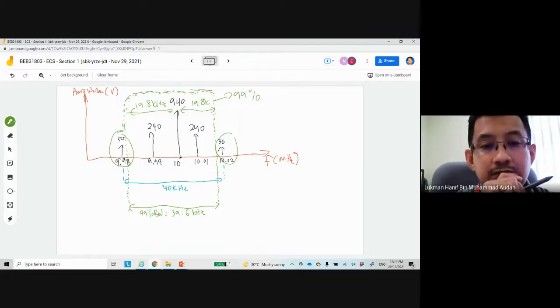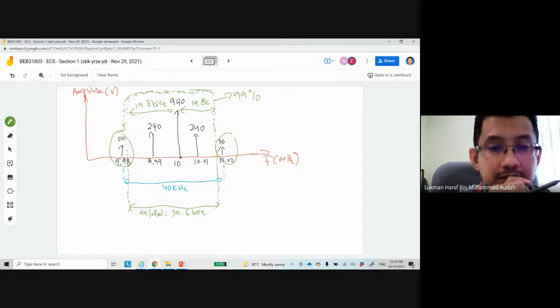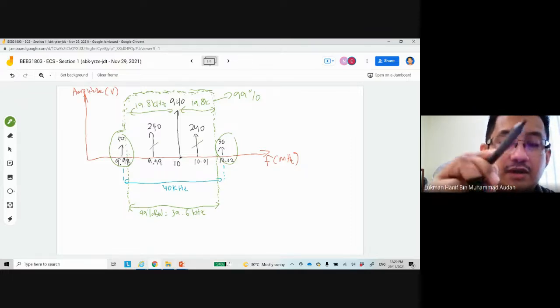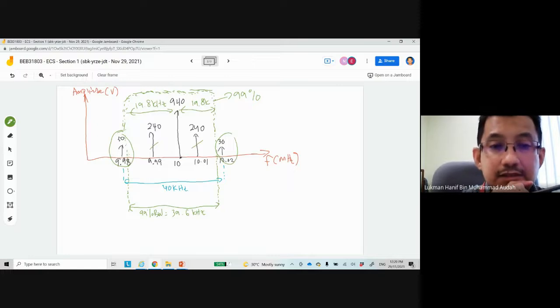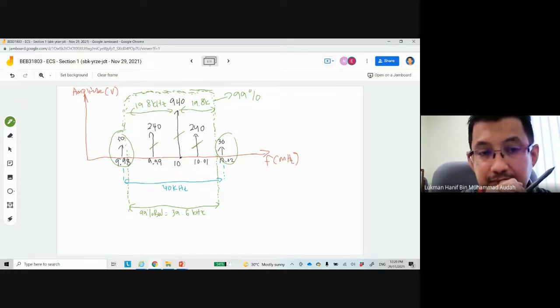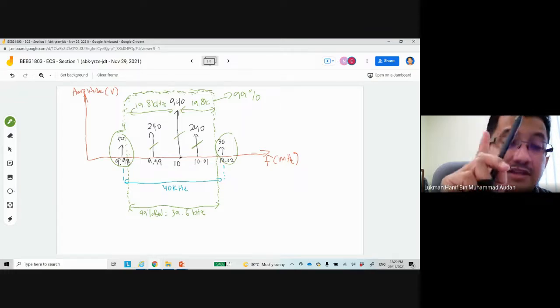Now, if you see from here, that means we only have one sideband within this box. In this 99% bandwidth, we only have this sideband, okay, only one sideband. That means we have the carrier component and we have the first sideband. Okay, and if you look here, there is only one sideband.